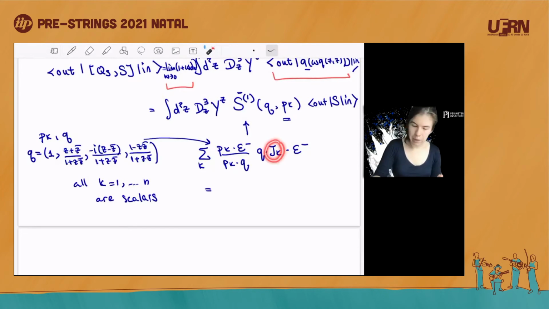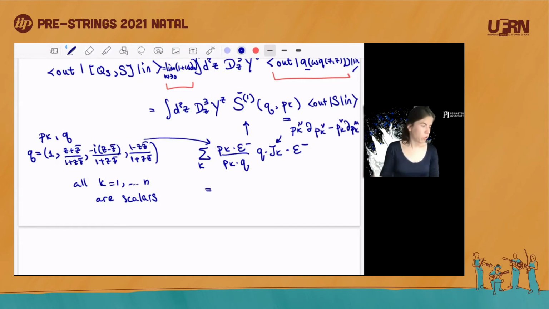And then this angular momentum operator, you can also write in terms of these coordinates, because as I said last time, it is the usual momentum space version of the usual Lorentz generators, something like q mu d by d pk nu minus q nu d by d pk mu. After some algebra, you can show that this is equal to the sum over k of some expression which just depends on z and zk, right?